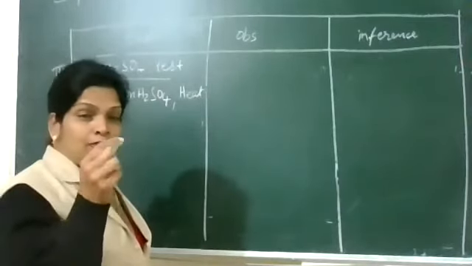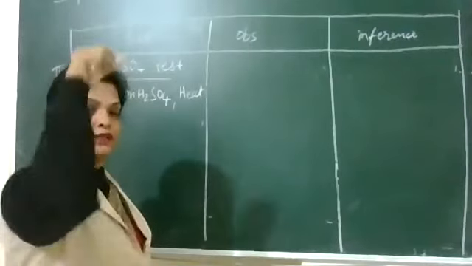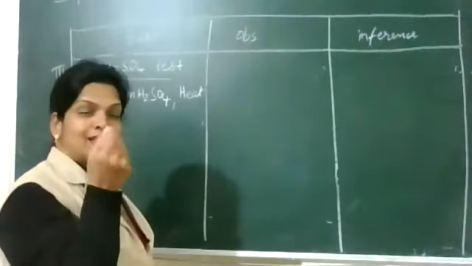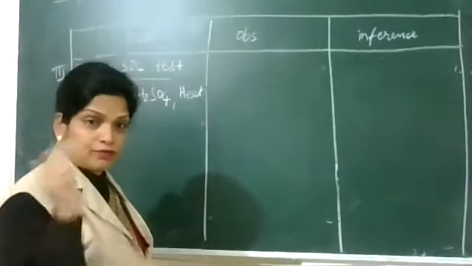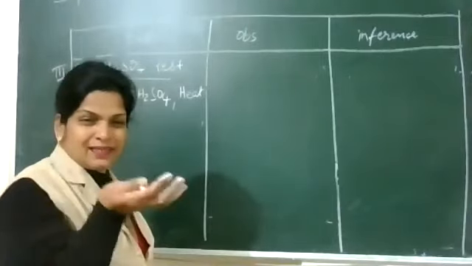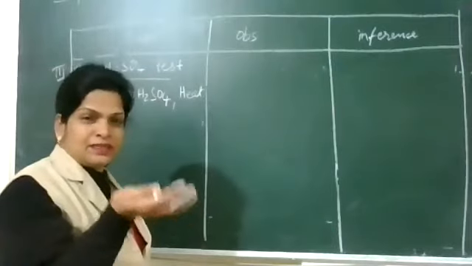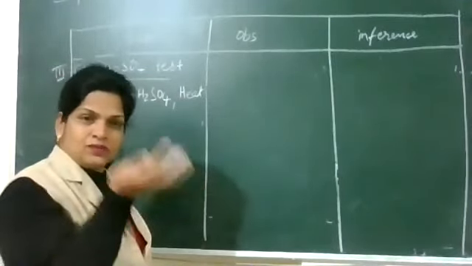But if you dip a glass rod in ammonium hydroxide and show it at the mouth of this test tube, then that slight gas becomes dense white fumes. First you get slight gas, that is HCl, a volatile gas.